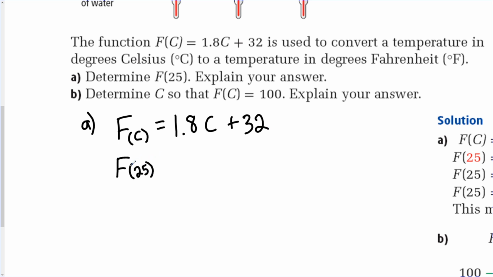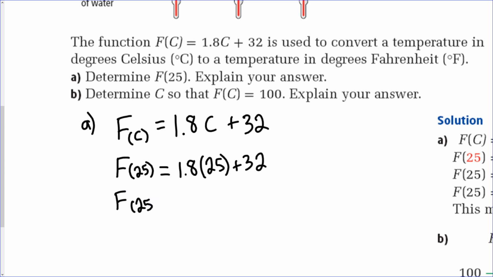It's important to remember that f at anything is equal to our unknown value, the dependent variable that we're looking for. So f at 25 doesn't mean f times 25. It means the value of f when my independent variable, in this case c, is equal to 25. So f at 25 is equal to 1.8 times 25 plus 32.